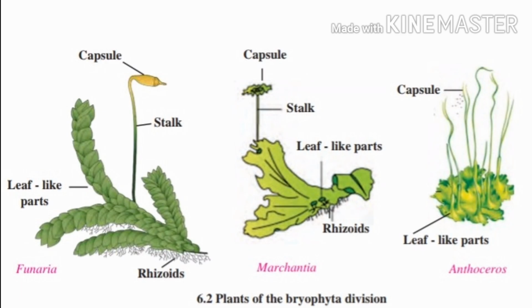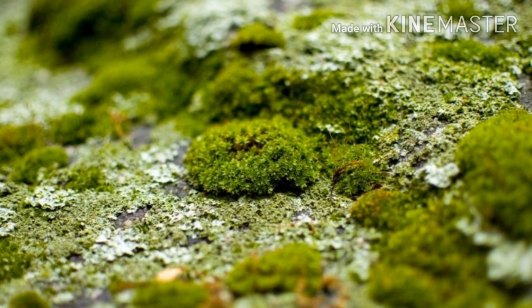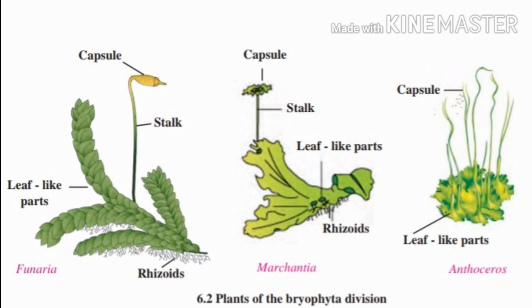Dear student, you might have seen a lush green soft carpet on old walls or bricks or rocks in the rainy season. What is it? Actually, it is a moss. These plants also do not have root, stem, and leaves, but they have root hair-like structures called rhizoids.